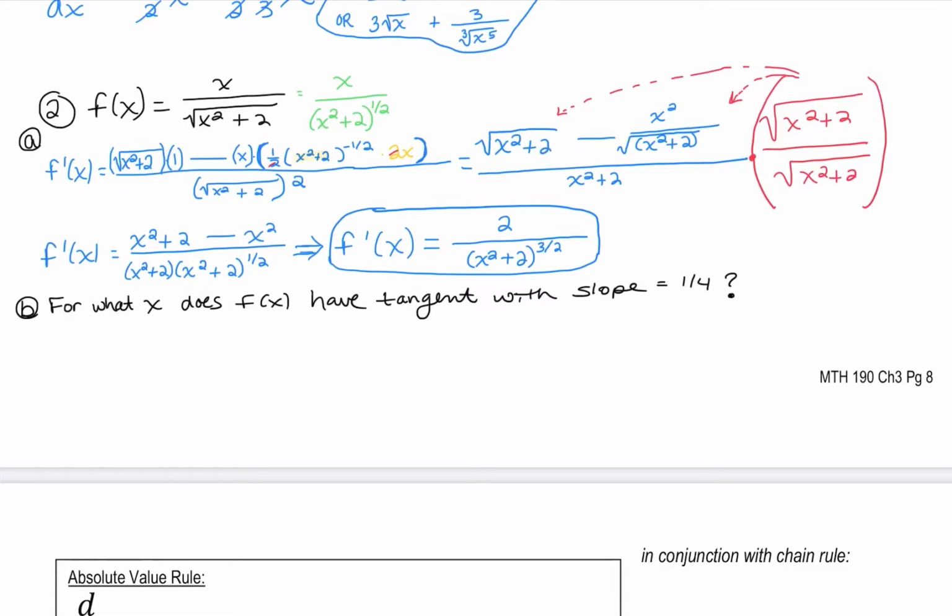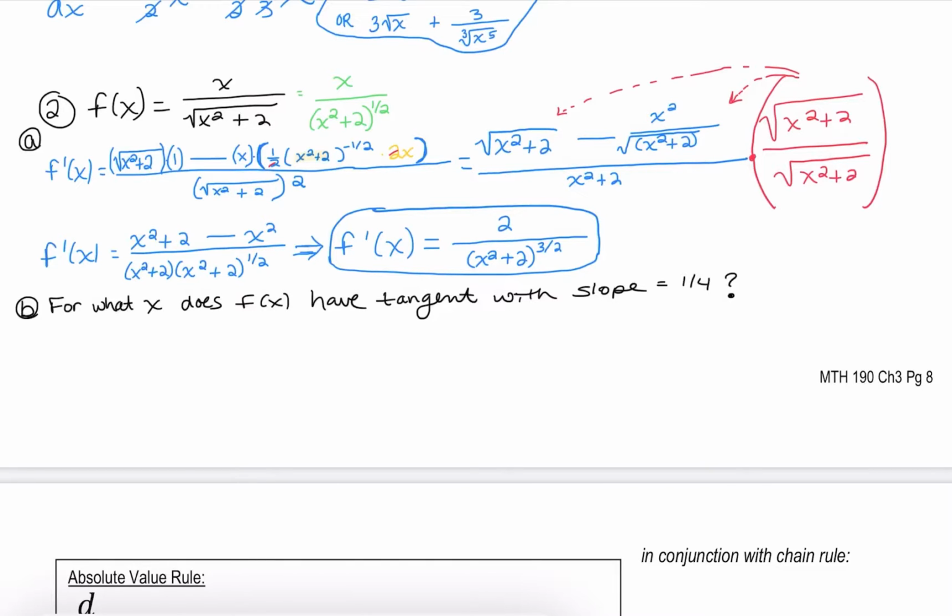So if I was asked for what x does f of x have a tangent line with a slope of 1/4, we've done a lot of these questions. Most of the time I think I've done a lot of where there are horizontal tangent lines, so a lot of those we're setting the slope, or the derivative, equal to 0.